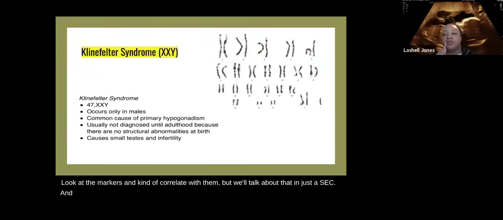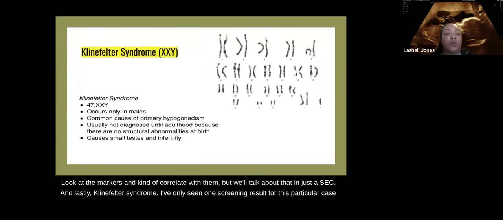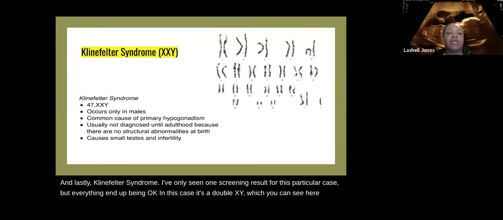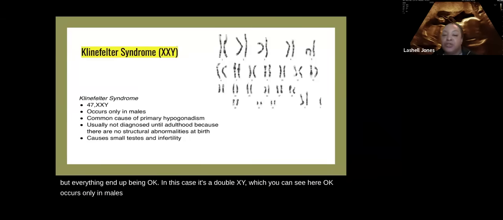And lastly, Klinefelter syndrome. I've only seen one screening result for this particular case, but everything ended up being okay. In this case, it's double X, Y, which you can see here. It occurs only in males. Usually they're infertile due to small testes.